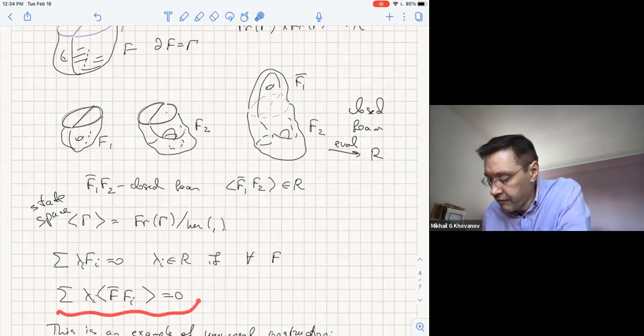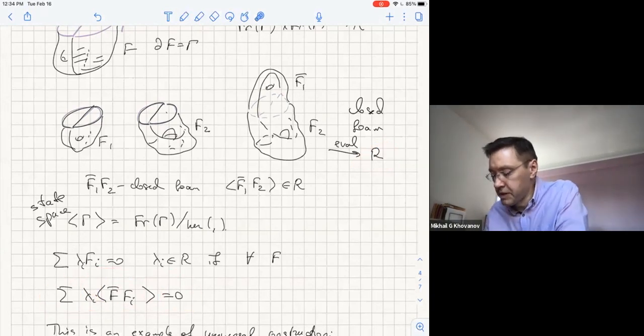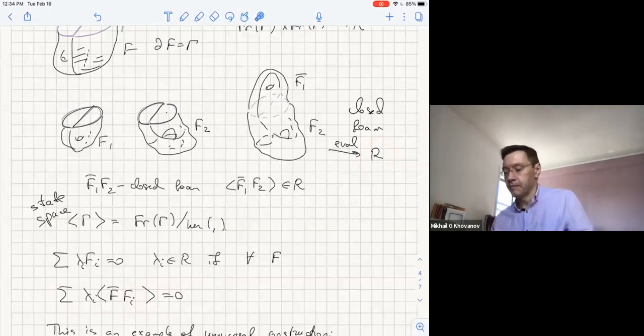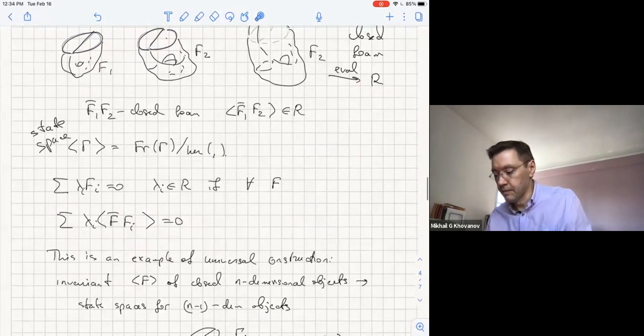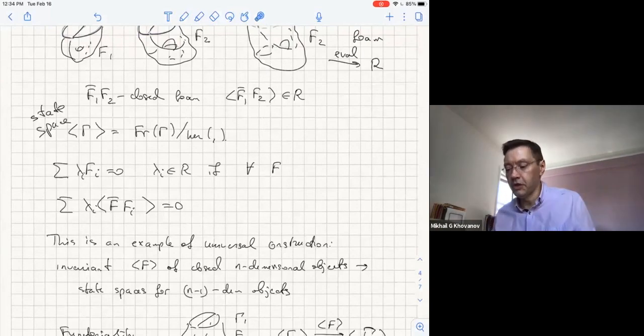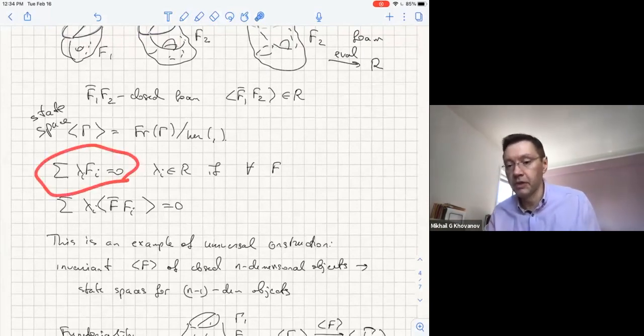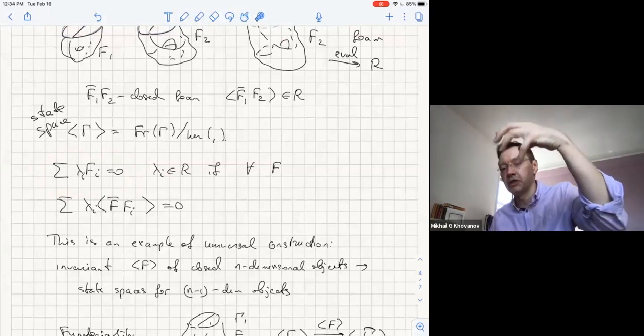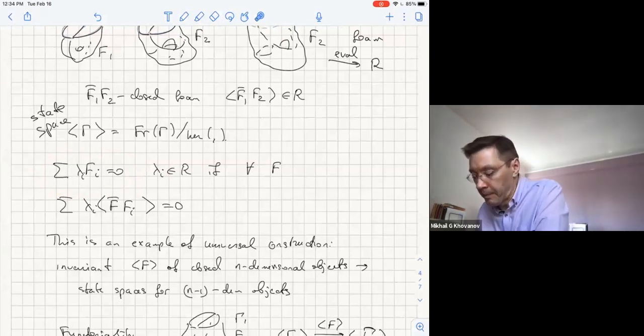So we have this equality in R. This is the definition of what it means for the sum to be 0 in the quotient, in the state space: if no matter what we attach at the top, we get 0.